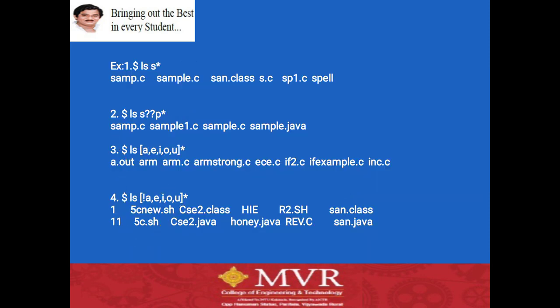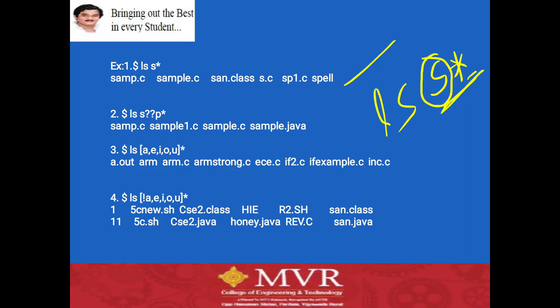The first one is star, which we are using here: ls s star. Here, ls is used to display the list of files, and after ls we are using s, then star. That means we are looking for all the files which have the starting letter s, followed by any number of characters or any character.